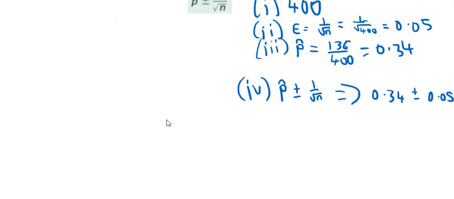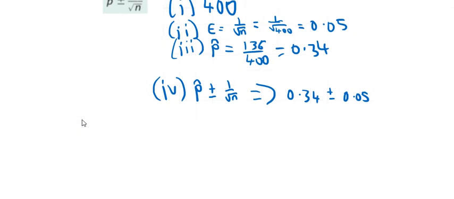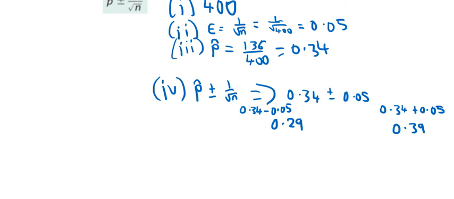Taking the two scenarios, 0.34 minus 0.05 gives you 0.29 on a calculator, and 0.34 plus 0.05 gives us 0.39.